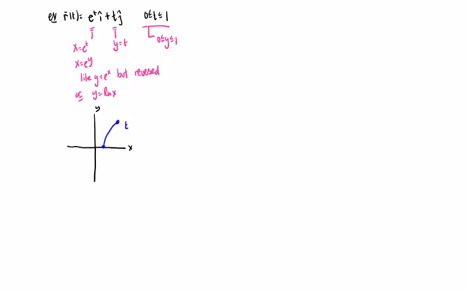This is at t equals 1, at y equals 1. This is at t equals 0. And if you want coordinates, when t equals 1, this is at e comma 1. When t equals 0, this is e to the 0, which is 1 comma 0. This is going this way. This is a bit more confusing, but that's okay. We're just playing with ideas that we know.